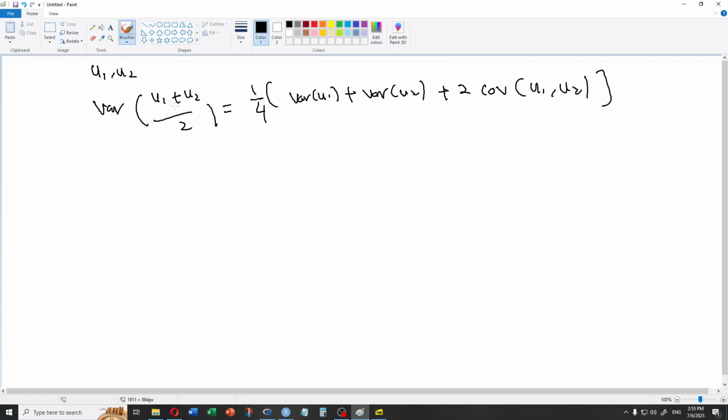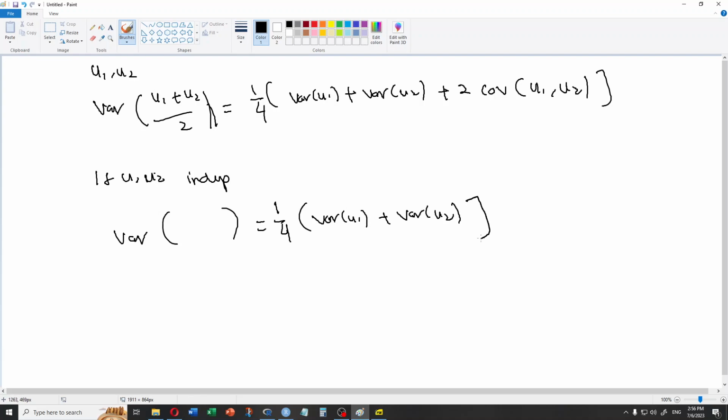If u1 and u2 are independent of each other, then the variance is equal to 1 over 4 of the variance of u1 plus the variance of u2, because we assume that the covariance is equal to 0.